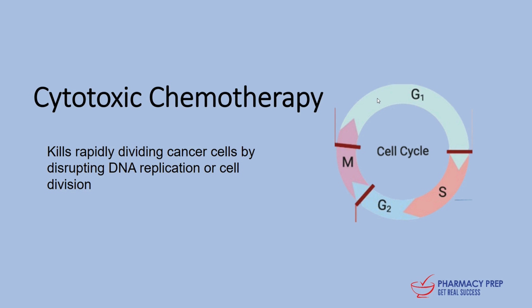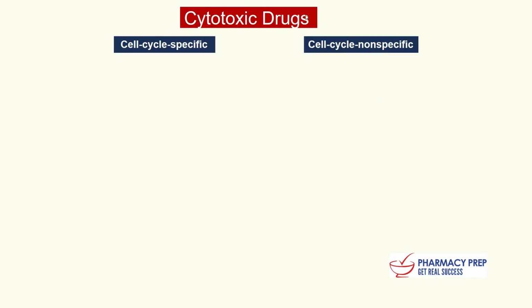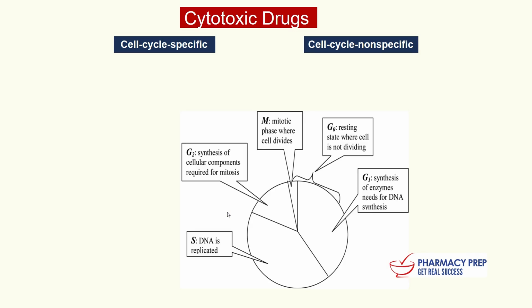So let's start. What do the cytotoxic chemotherapy drugs include? There are two types of cytotoxic drugs. One is cell cycle specific, and the other is cell cycle non-specific. As the name tells you, cell cycle specific means they act on a specific stage of the cell cycle. The cell cycle stages start from G1, and there is also a resting form where the cell is not dividing.